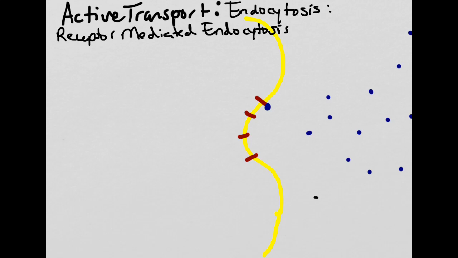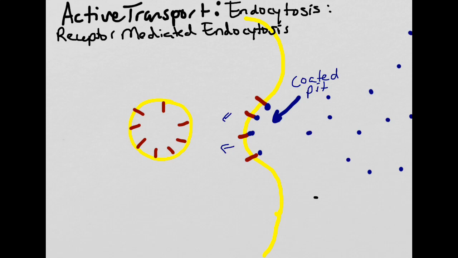So the chickenpox virus attaches to the antibodies, and then this pit, a coated pit, coated with antibodies, begins to push in, and eventually you end up with a vesicle that is pinched off, and all of the stuff that the cell was trying to pick up is on the inside of the vesicle.